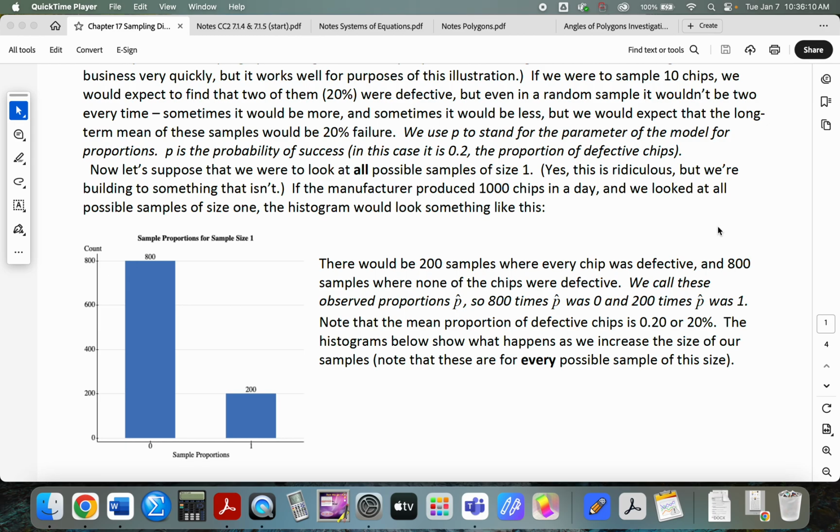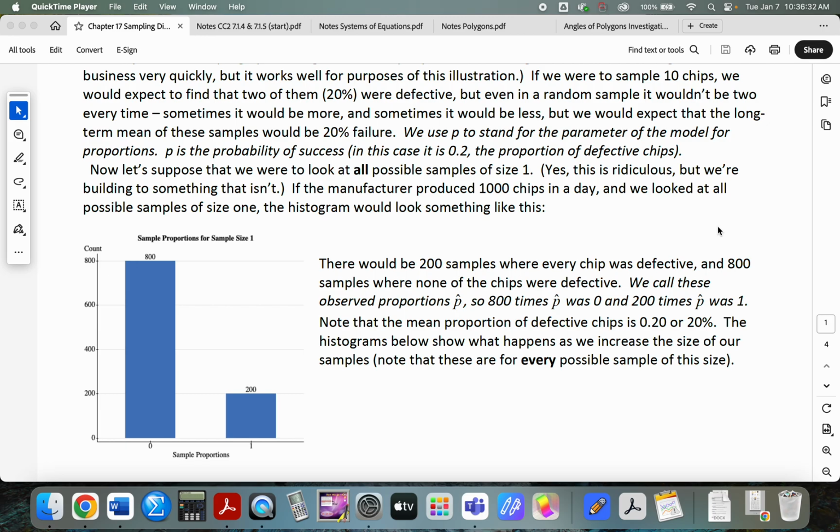Two being 20%. But if you're taking a random sample of 10, is it always going to be 2 that are defective? No. Sometimes you may find more. Sometimes you may find less.